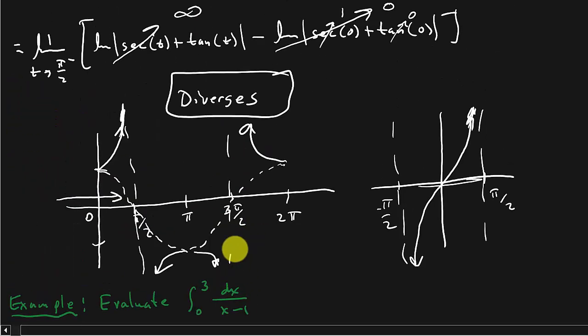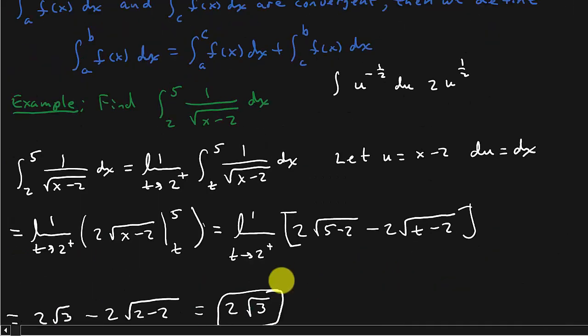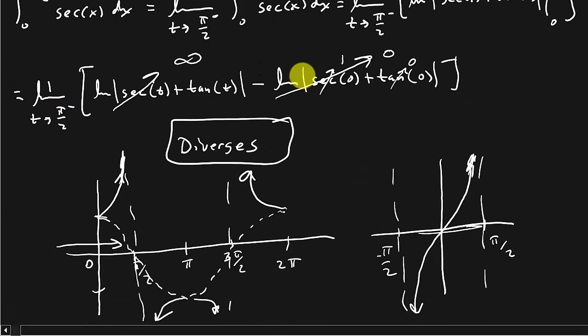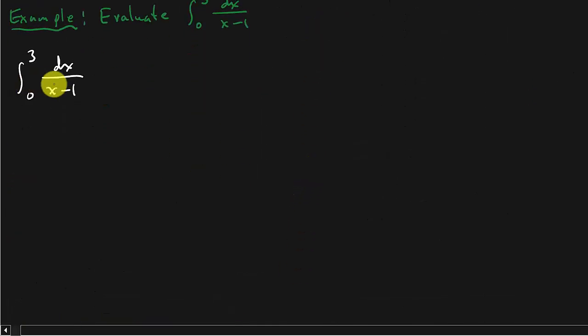From 0 to 3, the function is discontinuous at a number between 0 and 3. You see that? We're going to have to split it up. This thing is discontinuous at x equals 1, so we're going to have to split this up.